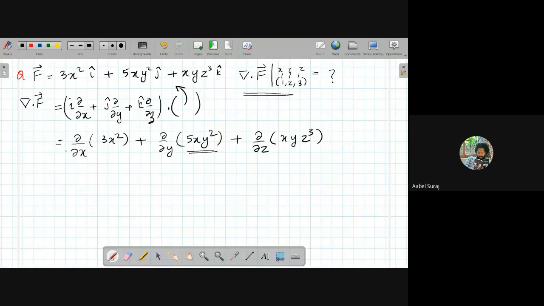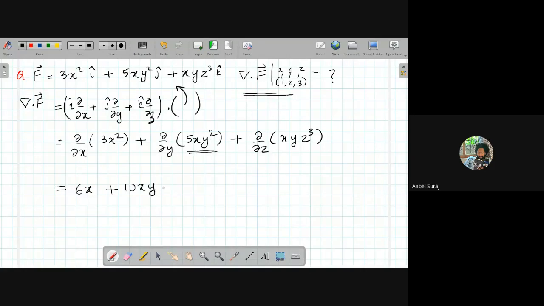Now, what is dou by dou x of 3x square? It is 6x. You know the differentiation, I think. This will be 10xy, right?